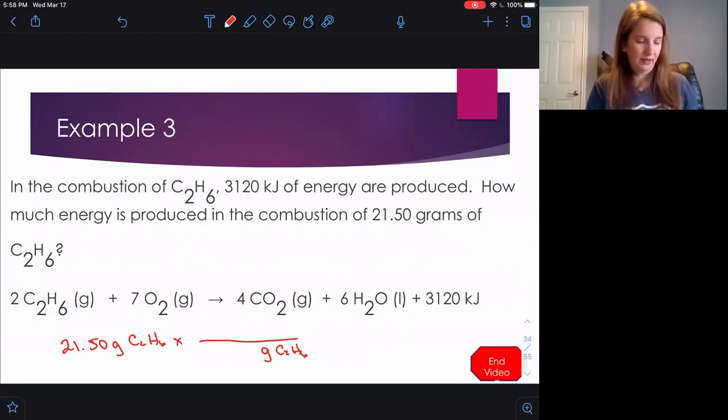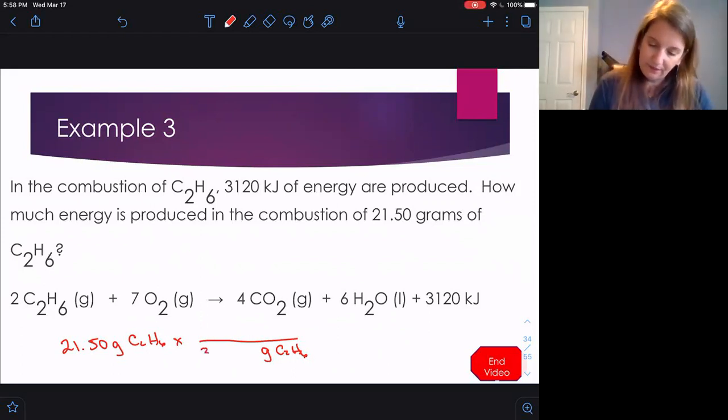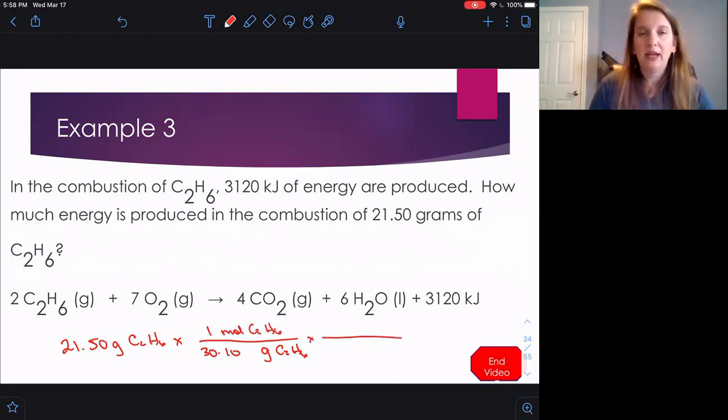So we calculate our molar mass. That would be 30.1, and that is equal to 1 mole up here on the top. Once we get it into moles, we go back to our chemical reaction. We use the coefficients. So 2 moles of C2H6 would give us 3,120 kilojoules of energy.